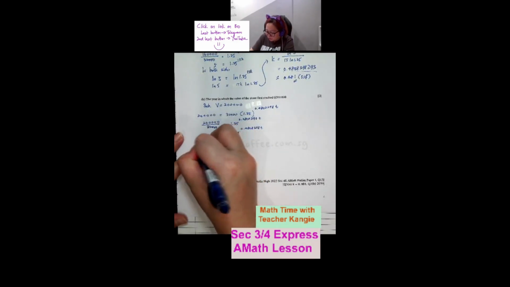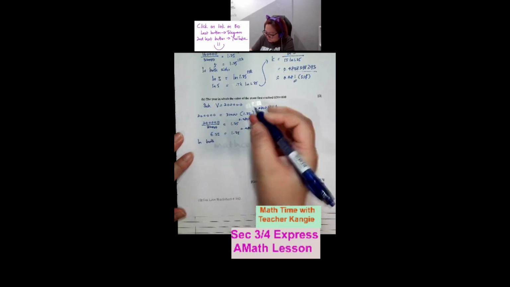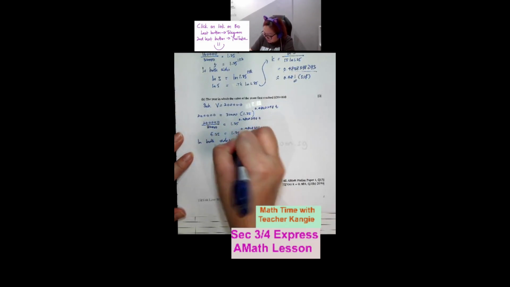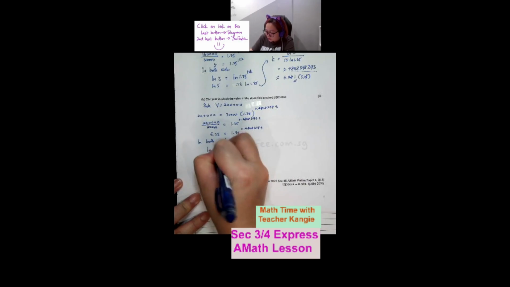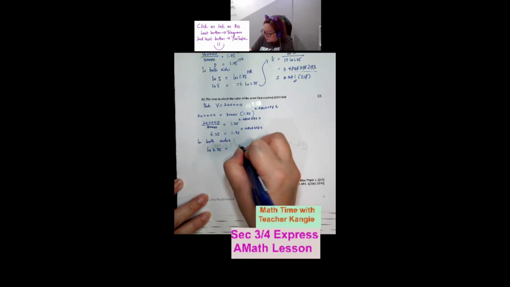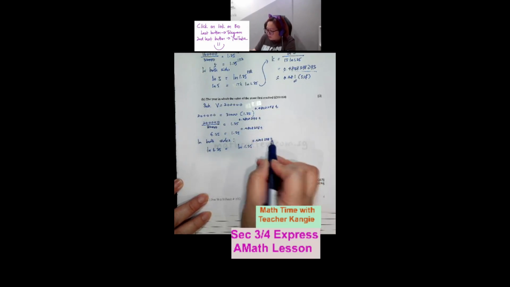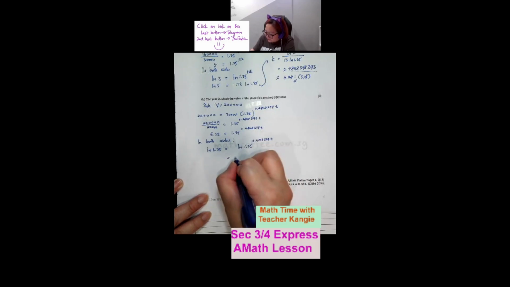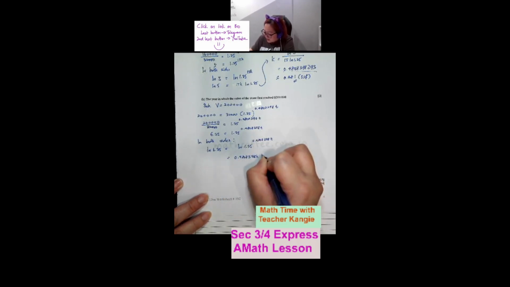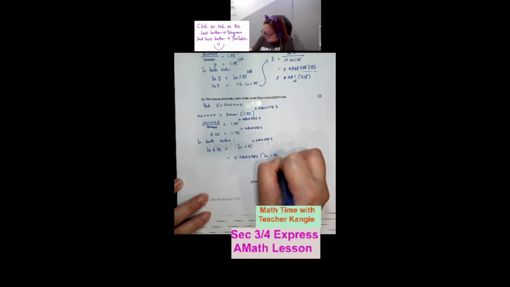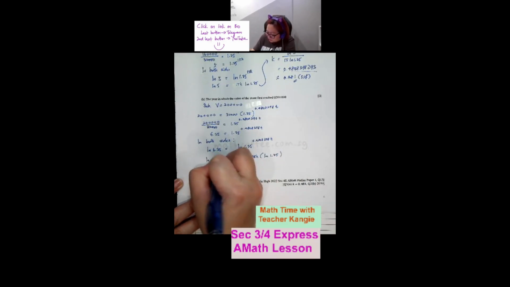So now we're going to ln both sides. We will have ln 6.25 equals ln 1.25 to the power of 0.4808378T. Power law, bring this down, so I will have 0.4808378T times ln 1.25 equals ln 6.25.